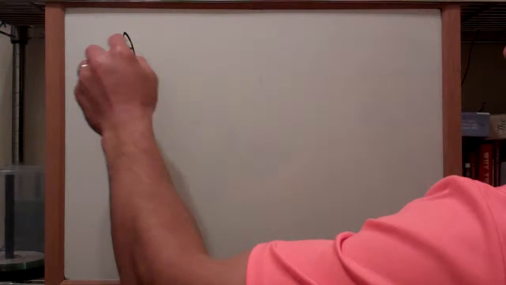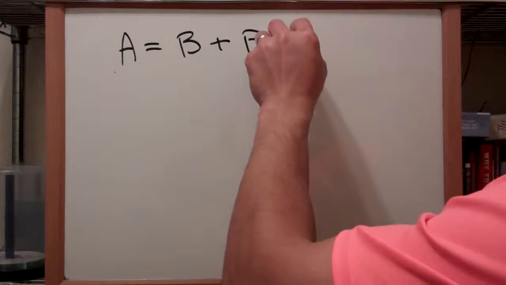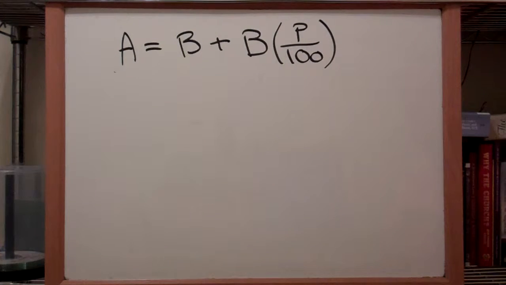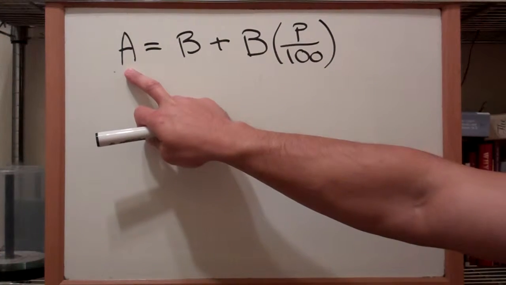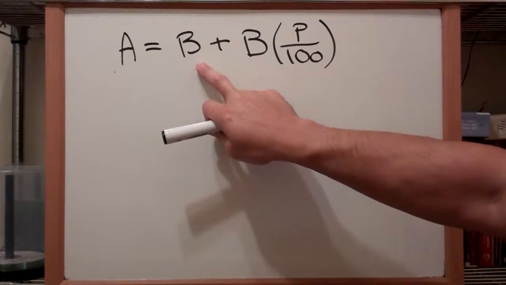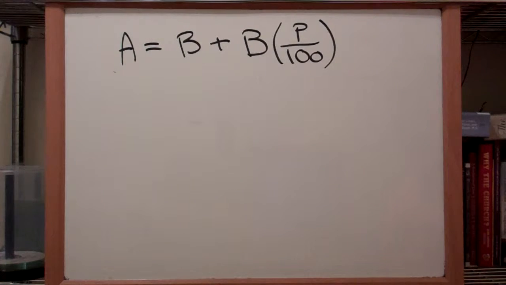We've talked earlier this year about how to write a formula for calculating the taxes. That formula was A equals B plus B times P over 100. Here, A stands for the amount of the item after taxes, B stands for the original bill, and P is the percentage of the taxes.